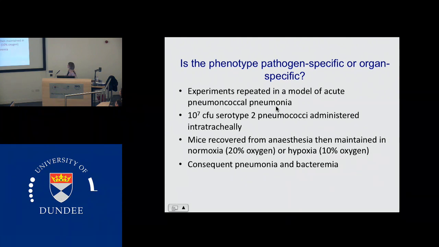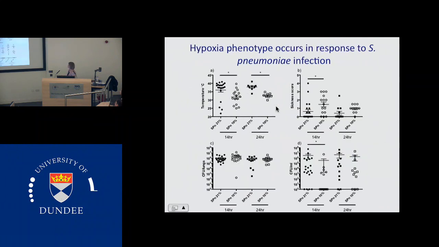So we have repeated the experiments in an acute pneumonia model, a model of streptococcal pneumonia, where we did the same experiment, administer the bacteria, and then put the mice either into normal oxygen or into hypoxia. So this is a model of pneumonia in which the mice do become unwell and they become bacteremic. Bacteria escape into the bloodstream.